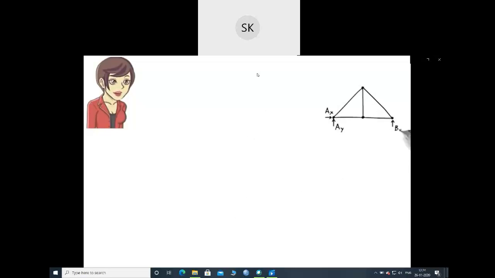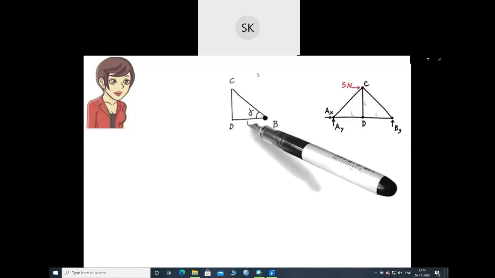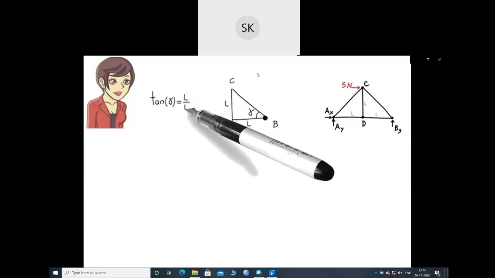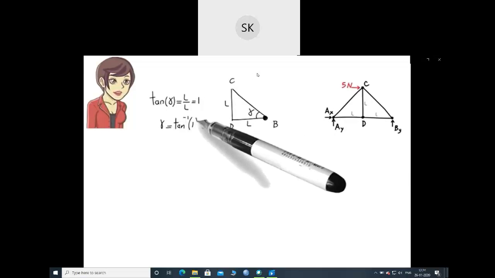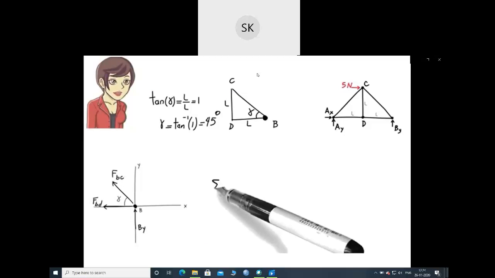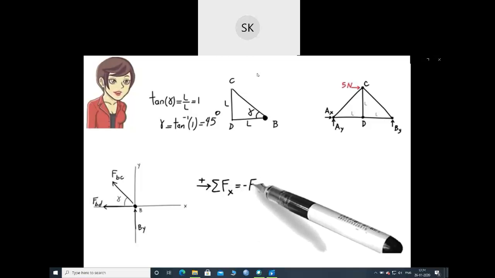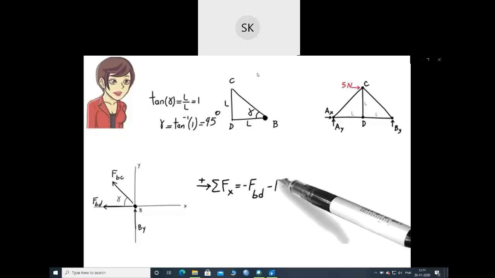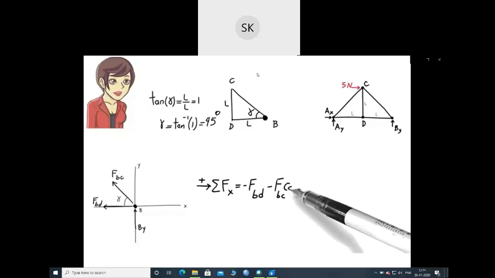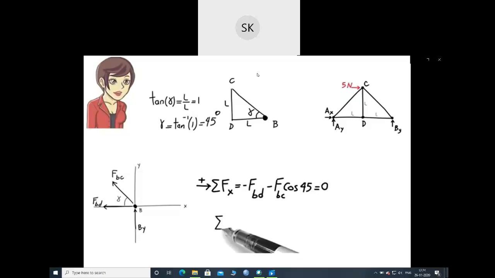For joint B, angle gamma can be easily calculated from the truss geometry. The angle is 45 degrees. The two force equilibrium equations for this joint are: sum of the forces in the x direction equals negative FBD minus FBC cosine 45 equals 0.